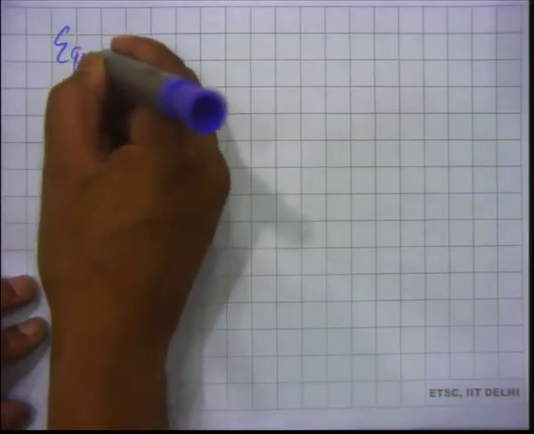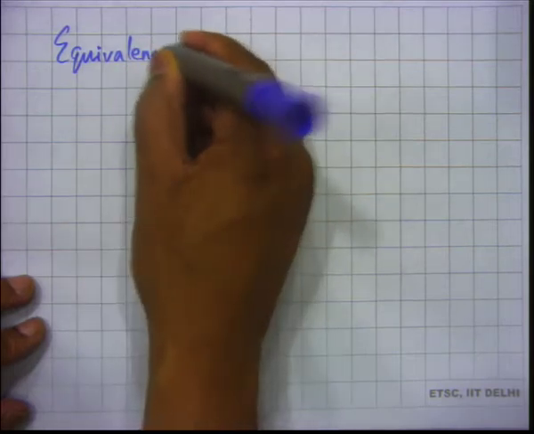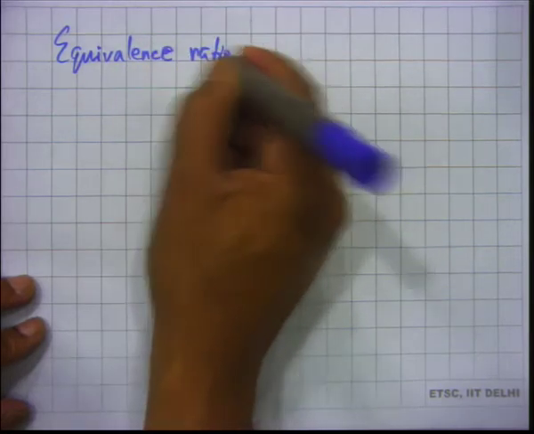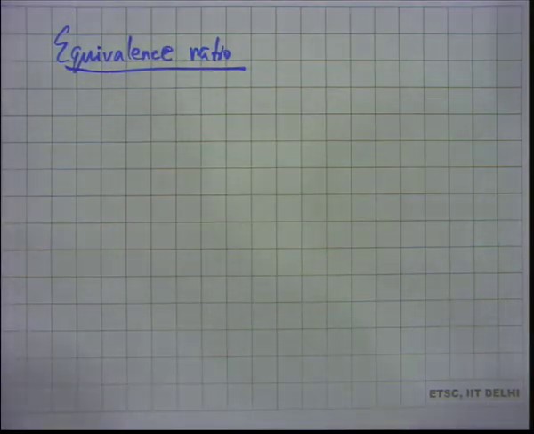So equivalence ratio, it so happens it's easier to understand in the case of premixed flames. We are discussing this now more in the context of diffusion flames. So let's consider a situation like this.